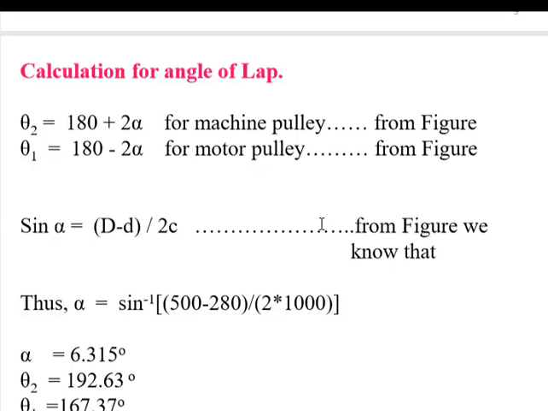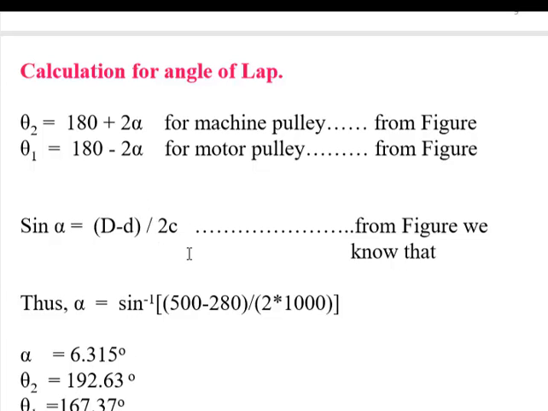Once this is done, we will calculate the angle of lap. Angle of lap, as we had seen from the figure, theta 2 is equal to 180 plus 2 alpha, theta 1 is equal to 180 minus 2 alpha. We can also see from the figure sin alpha is equal to capital D minus small d by 2C.